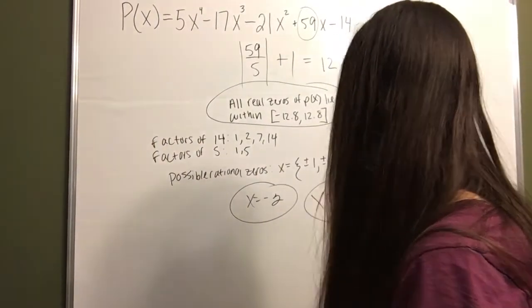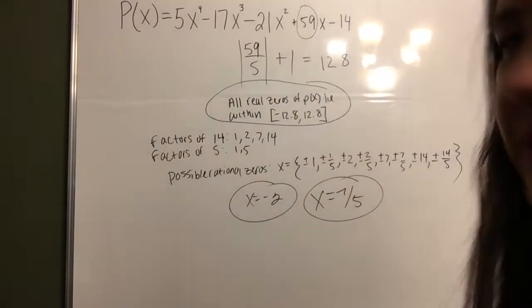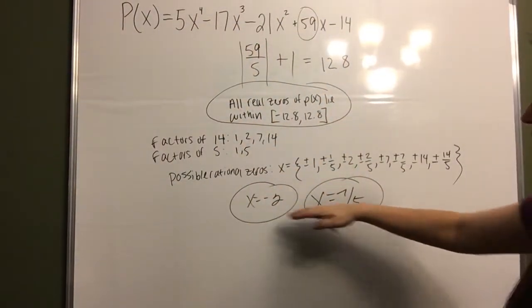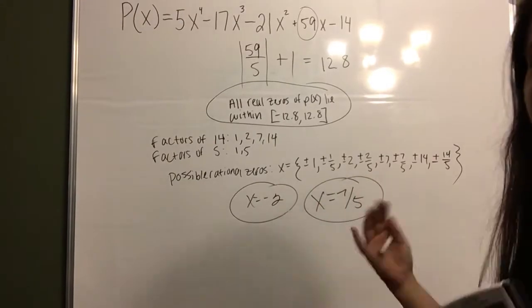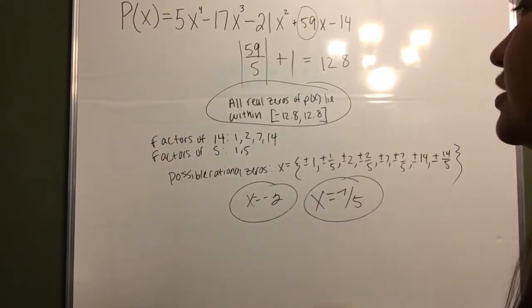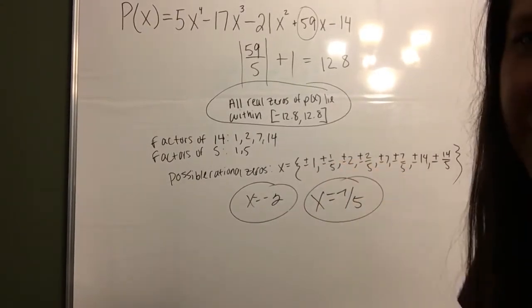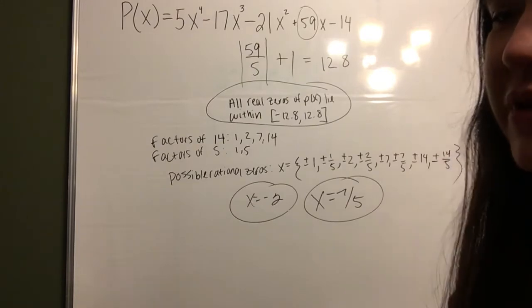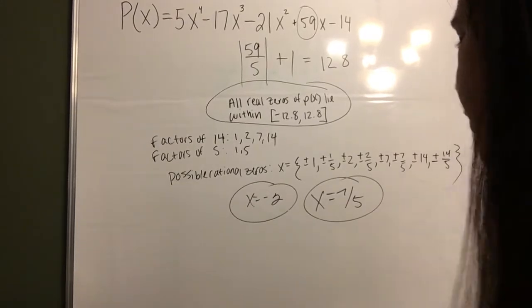All right, and because our polynomial was a 4th degree, since we found 2 of the zeros, once we do synthetic division with both of them, it will then reduce the polynomial down to a quadratic factor that we have left over, and we can find the rest of the zeros from there. So we're in a good position right now.